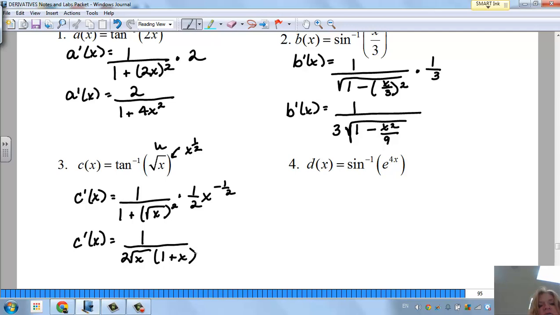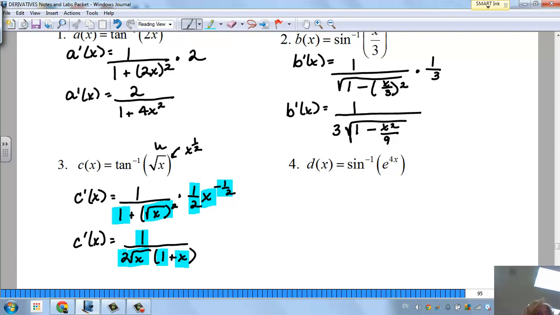So let's see where everything went. Let's just review. I know the square root of x squared is going to be x, so that's where that came from. Here's the 1, that came from there, that's not a problem. I took the 1 over 2, there's your 1 over 2. This was negative and it's the square root of x, so that came down in this spot. So that's where it all came from.